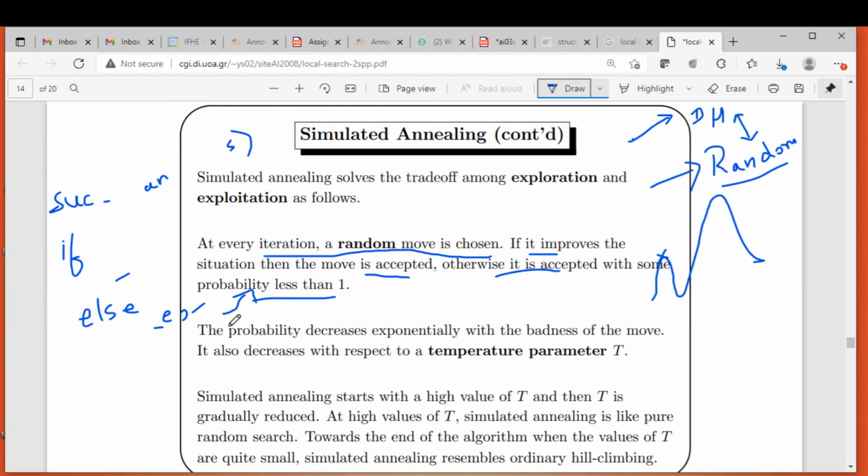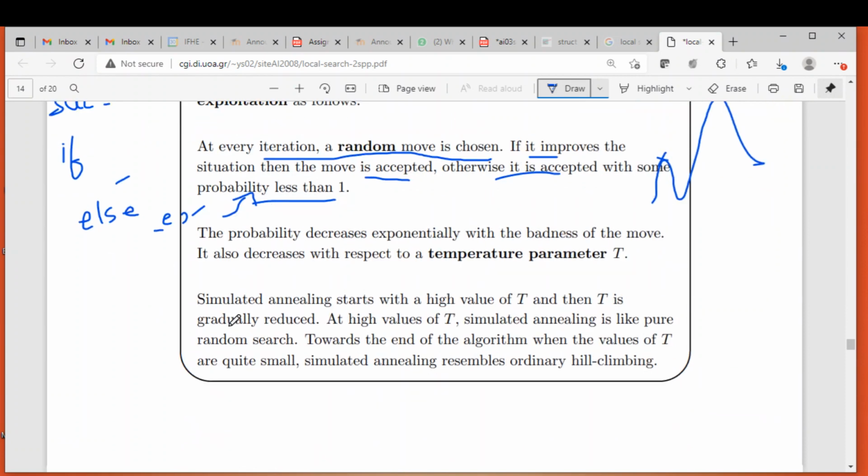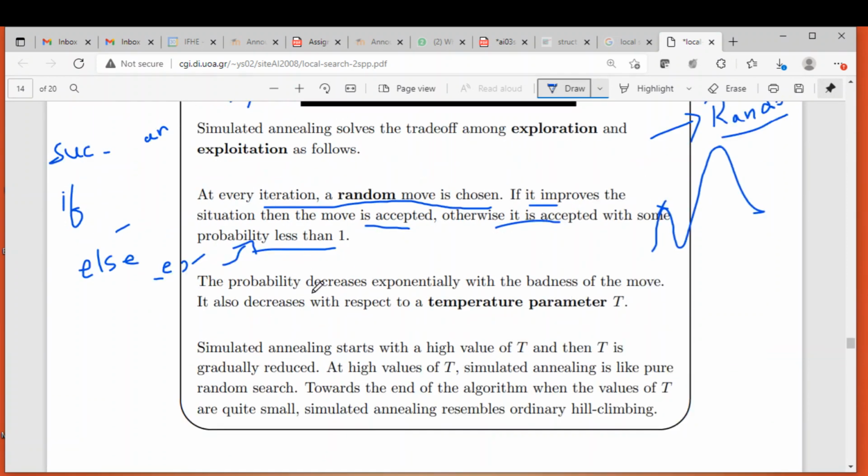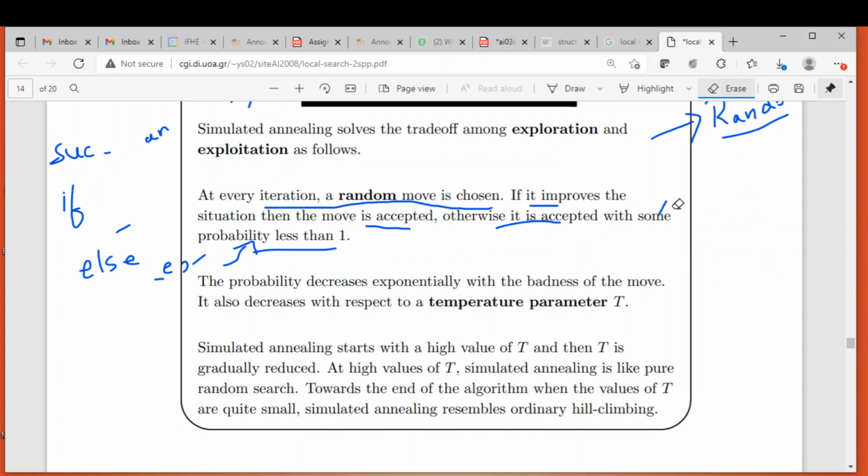Before the algorithm, we will discuss some quite important points. This is the key aspect of the algorithm. At every iteration, simulated annealing randomly generates the successor. If the successor is better than the current state, it will accept.